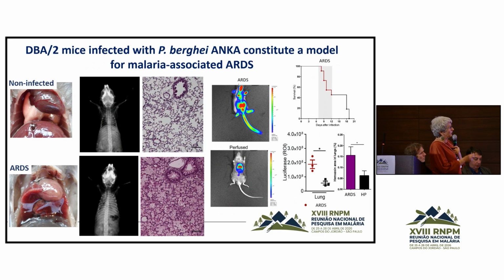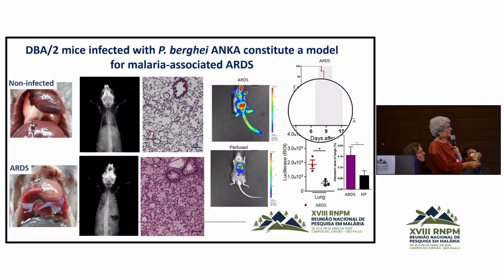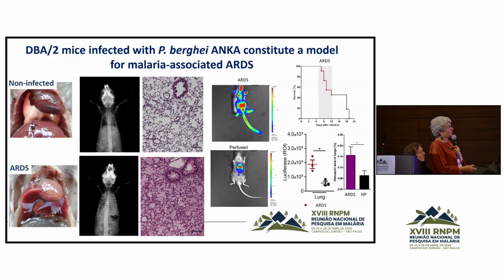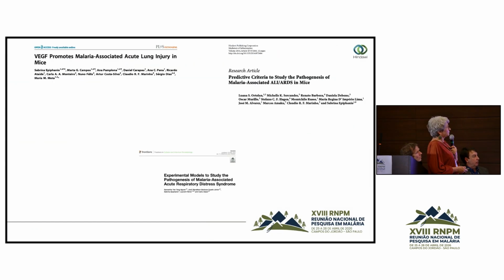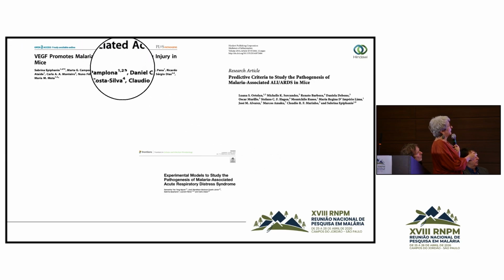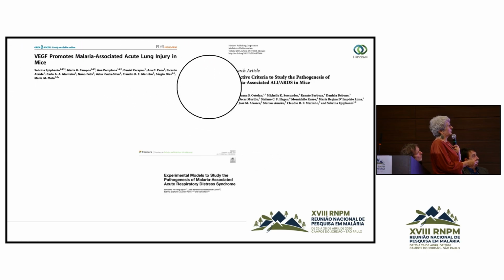So this model is an infection model in which we use mice infected with Plasmodium berghei ANKA. Those who are developing ARDS die between day 7 and 12 of infection. This model started 16 years ago when I was doing my postdoc. That was the first work when we described the model.